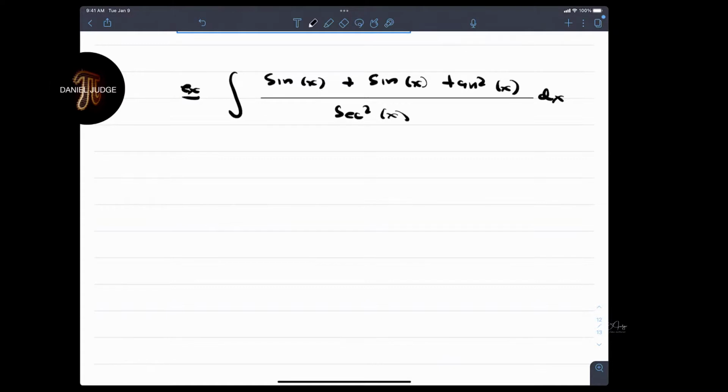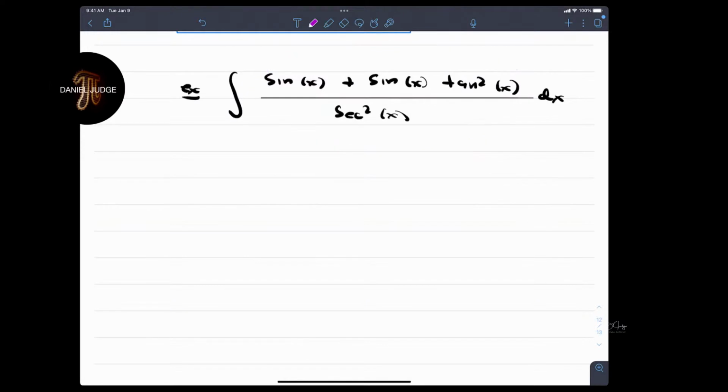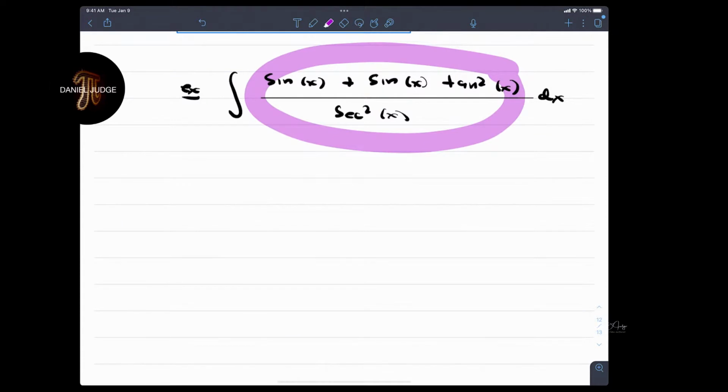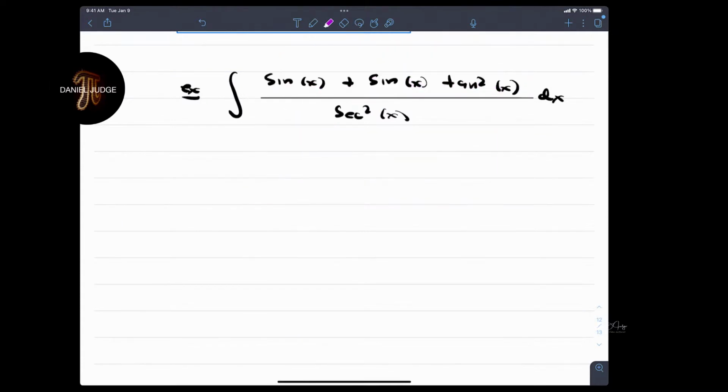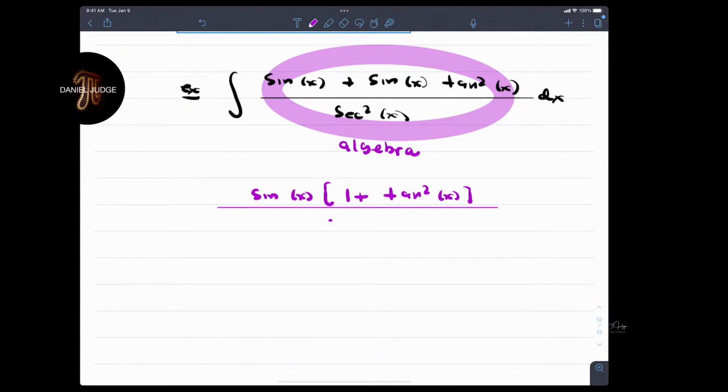Okay, so we look at this one here, and you may notice that, oops, algebra. It looks like for the algebra, I can factor out a sine. I get sine times 1 plus tangent squared, over secant squared.